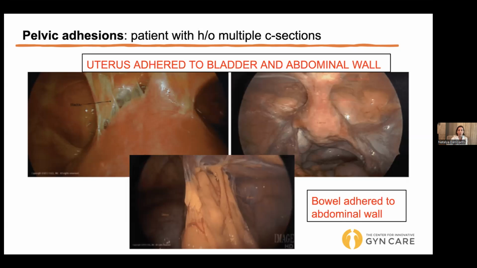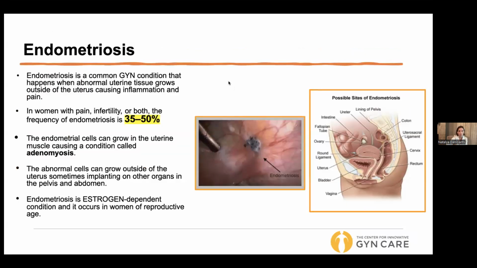So that would produce pelvic pain. Typically, this pain would be pretty constant and may get worse with period, but typically there would be some level of pain daily.